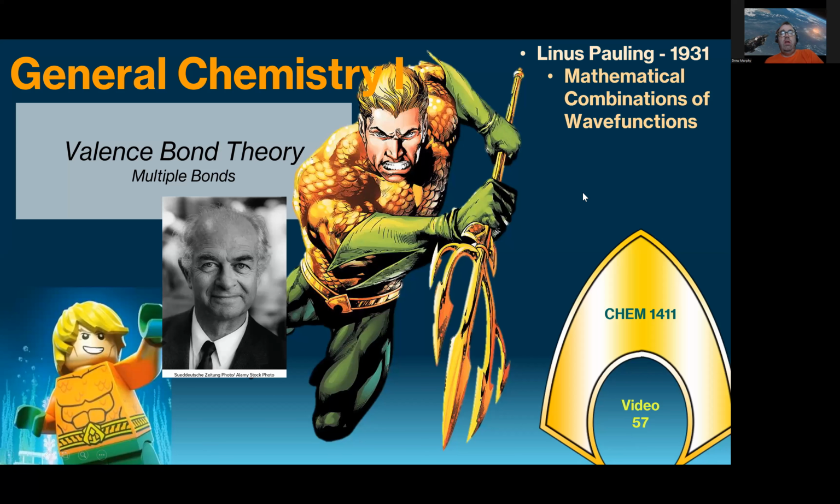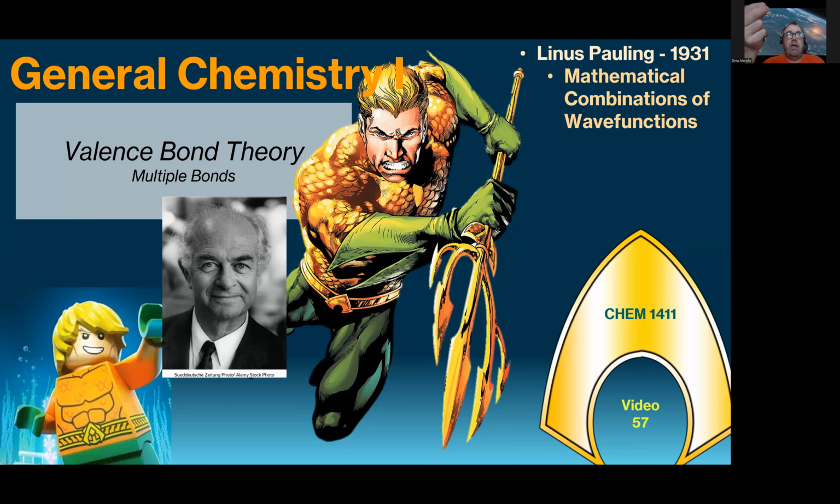Alrighty, this is our second and last valence bond theory video. Remember, this is put out by Linus Pauling. We said I had two main things I wanted us to get through in terms of valence bond theory. One was the first video that we did, making sure that we knew that the hybrid orbitals controlled the electronic geometry of the compound.